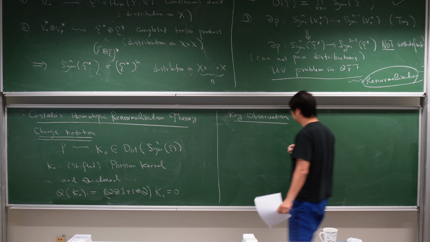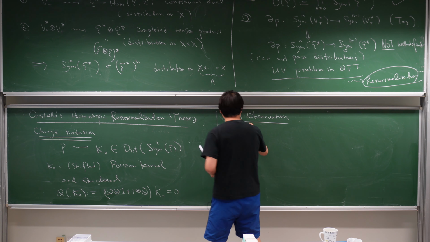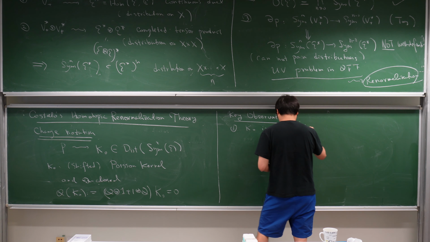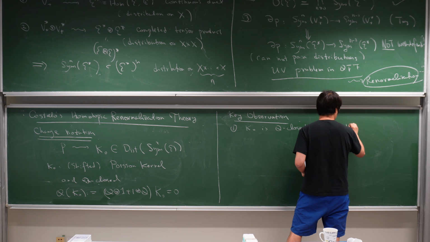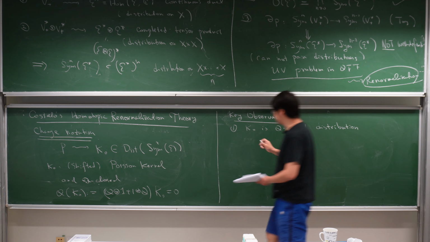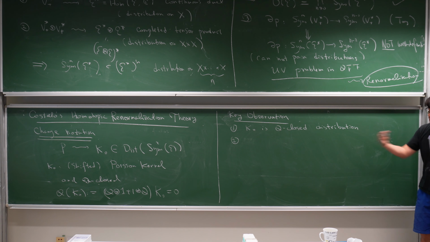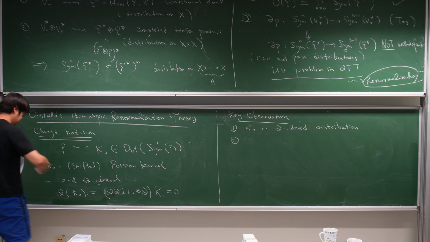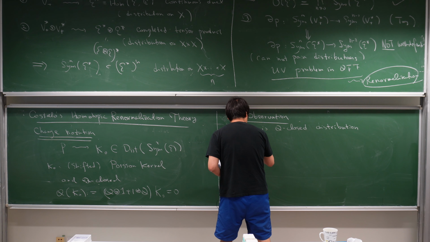First, I just wrote it down here, but let me just repeat. K0 is a Q-closed distribution. This is our starting data. Second, this is the step where the whole series of Costello, how he started the whole framework, is basically elliptic regularity.